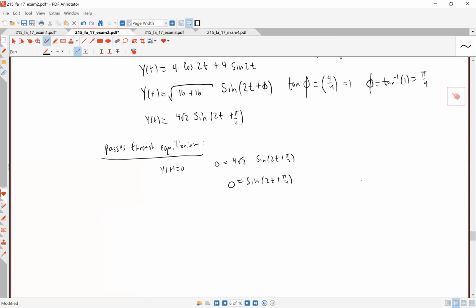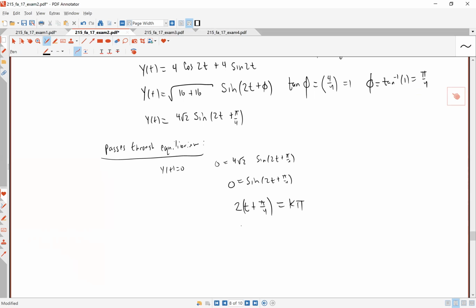But we know that sine is 0 at all of its multiples of pi. 0, 1 pi, 2 pi. Equals all of our multiples of pi.